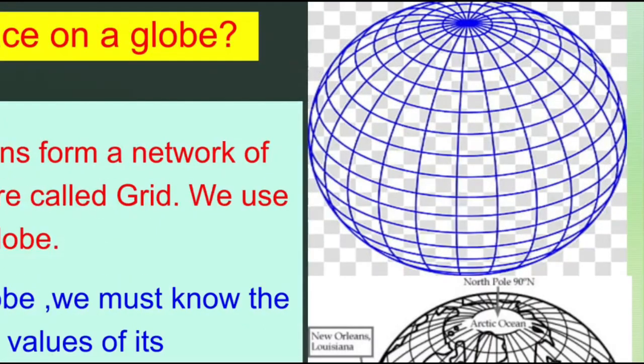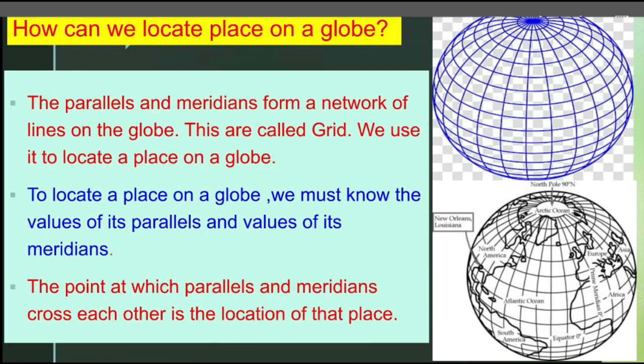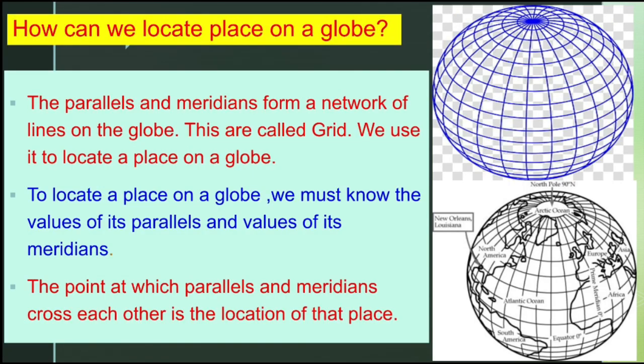You can see that the intersection of parallels and meridians forms a network, and from that network we can say where some places are located, like here you can see the Arctic Ocean, North America, Atlantic Ocean, South America.